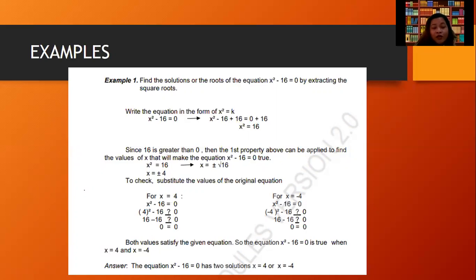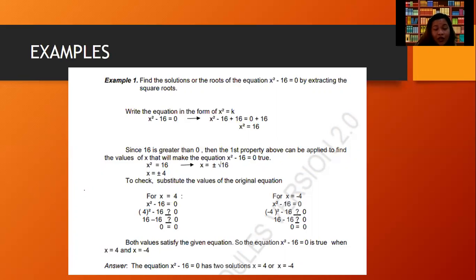The equation becomes true if we get the square root of x squared and the square root of 16. The square root of 16, we all know that the root of a square has two values, positive and negative. So therefore, our answer is positive and negative 4.